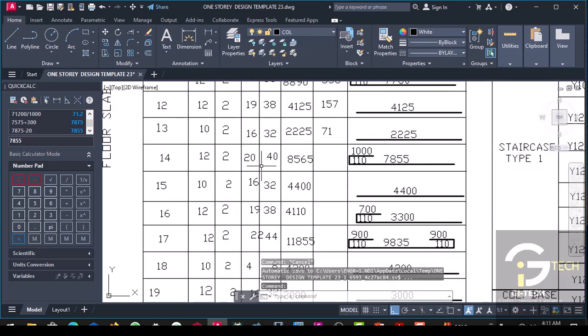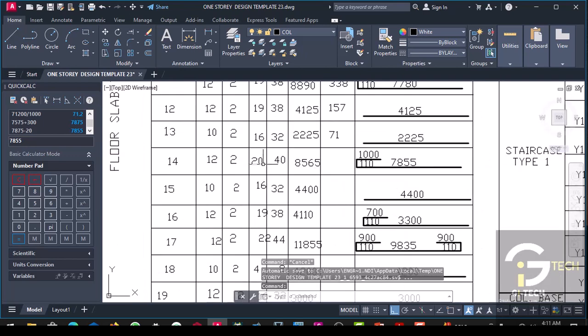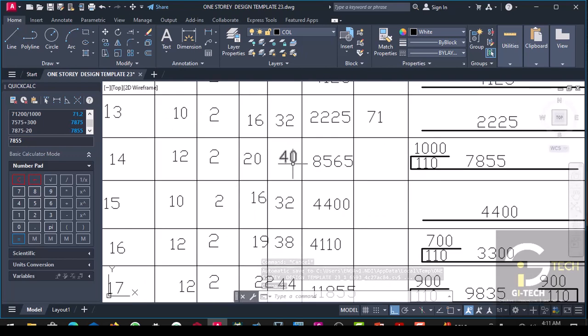That is, the number in each is 20. Multiply that by 2, you have 40. So 8565 times 40, you divide this by 1000. So you have 342.6.